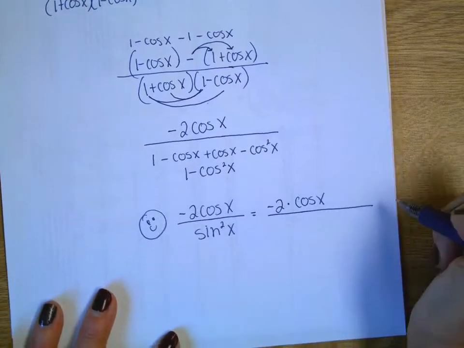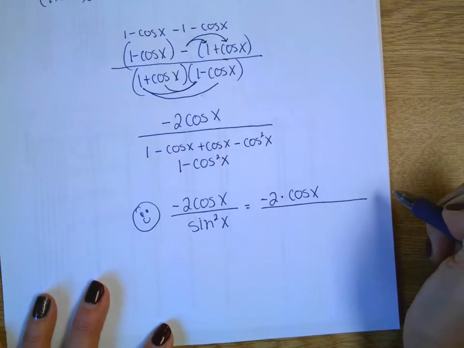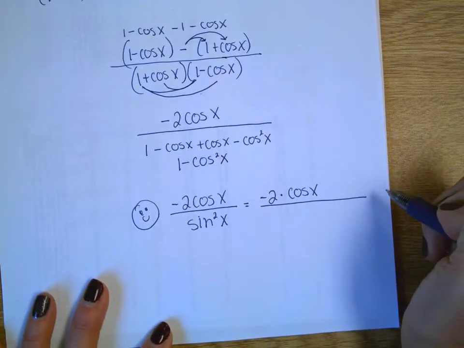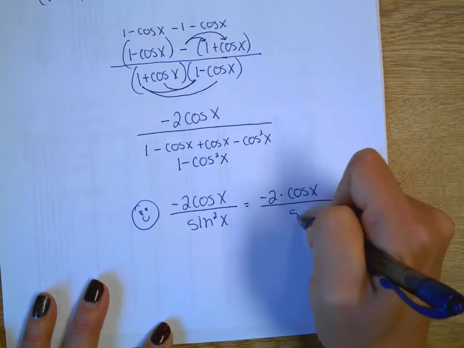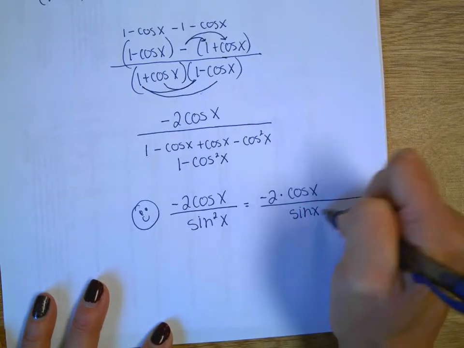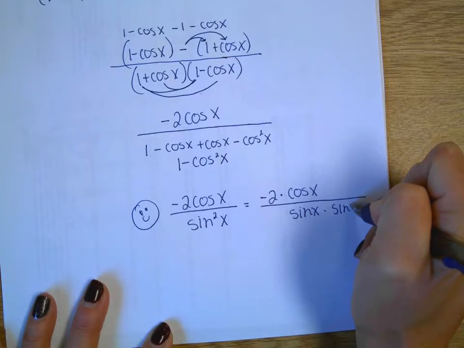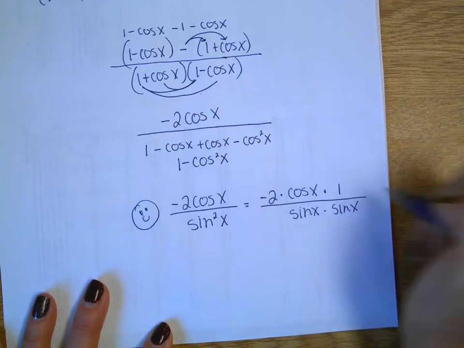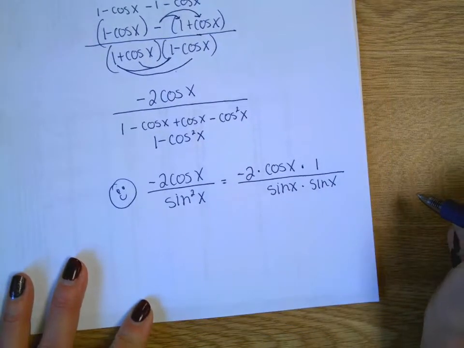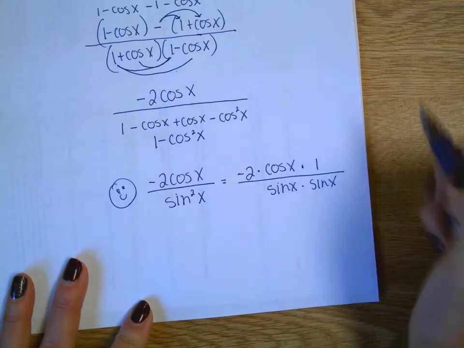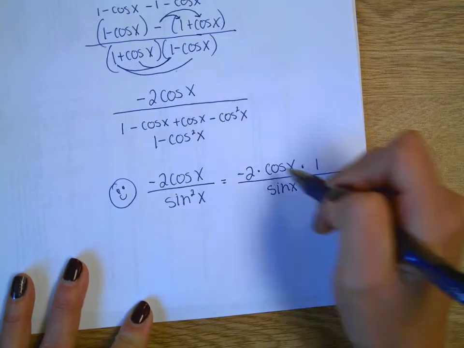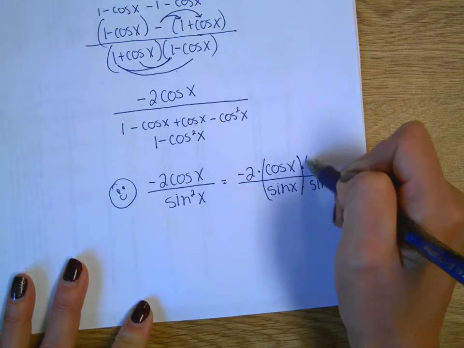How can I break apart sine squared? Sine times sine. Yeah, sine x times sine x. Is it okay if I put a 1 times 1 up on the top? I'm not changing anything. Because I want this fraction and I want this fraction.